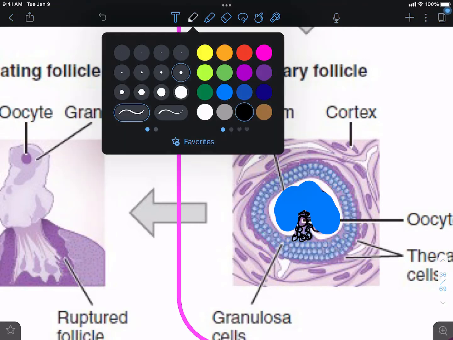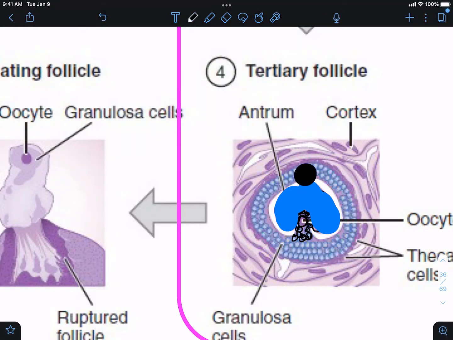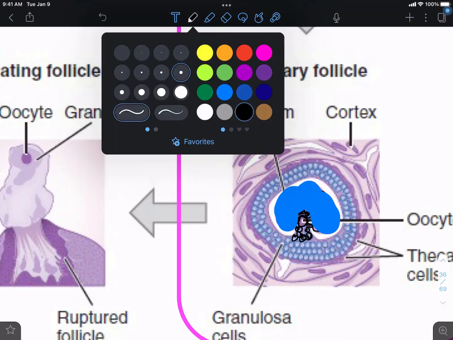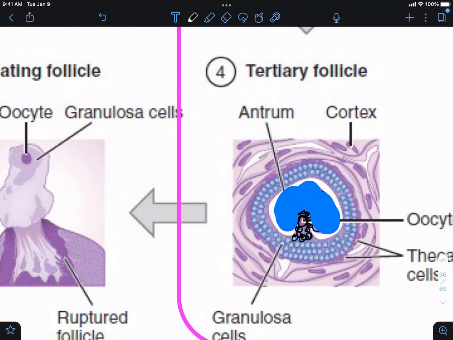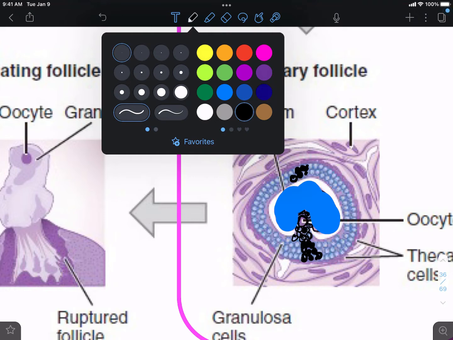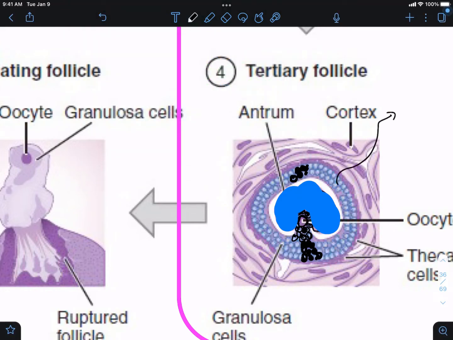Notice also that my layers of follicular cells have increased in depth. We actually have several layers surrounding that oocyte, protecting that oocyte. But equally important, these follicular cells are now releasing more estrogen into the surrounding environment.